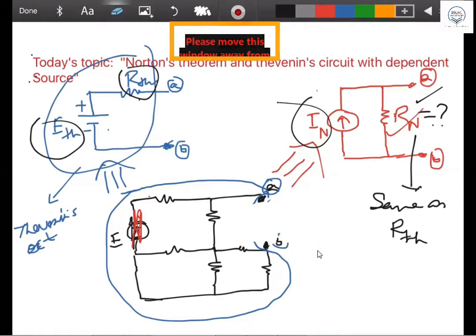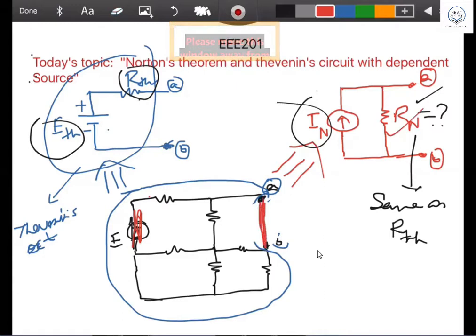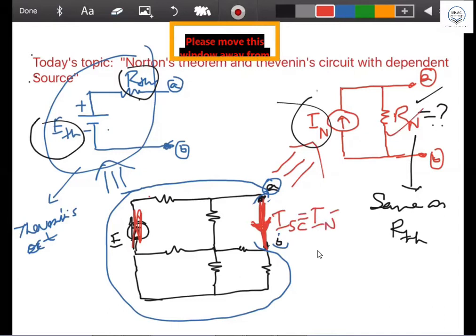So short circuit. Absolutely. That is what Mr. Norton did. He just shorted the two terminals A and B, and if you short it, a heavy short circuit current will flow through this path. That short circuit current is known as I Norton, and that is what he found, and then he said this is the Norton current.